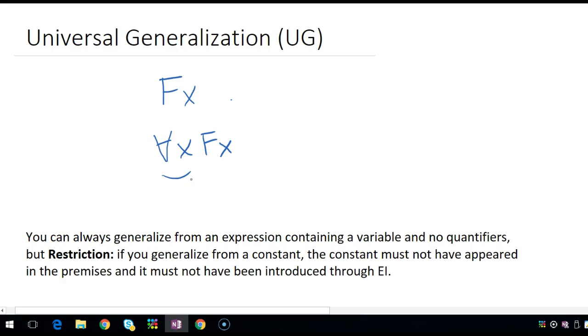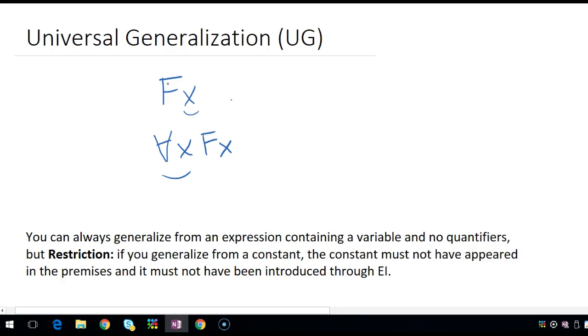And if you think about it, it makes sense because you know that x means really any individual within the range covered by that particular domain of discourse. So if you're talking about a certain particular set of things, to say x within that set of things is to say any individual in that set.